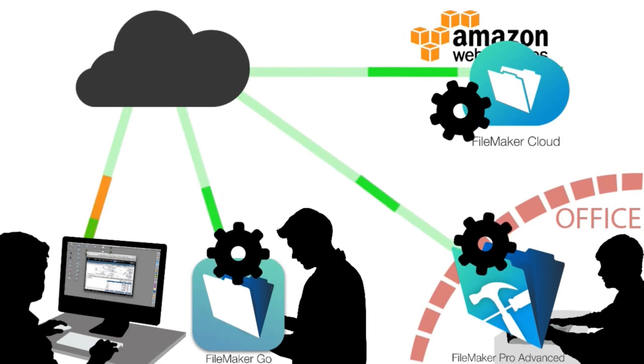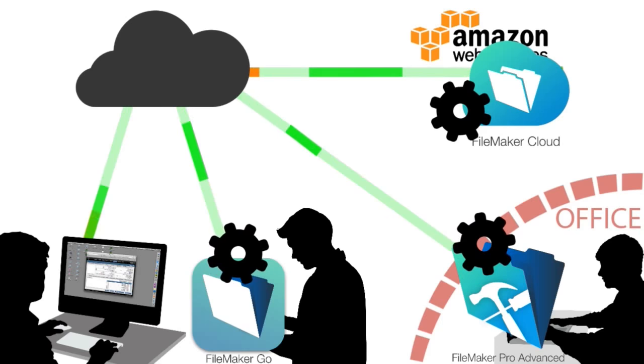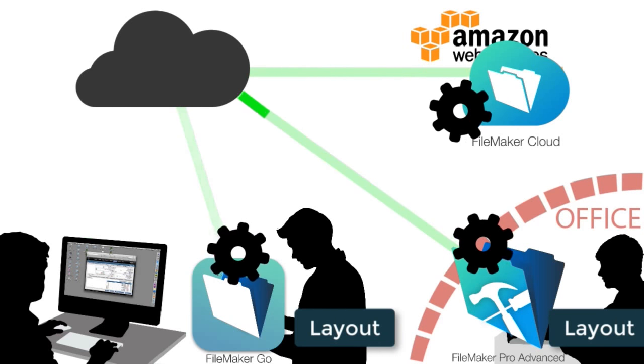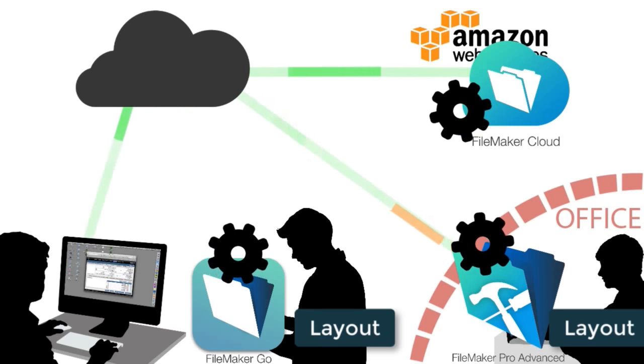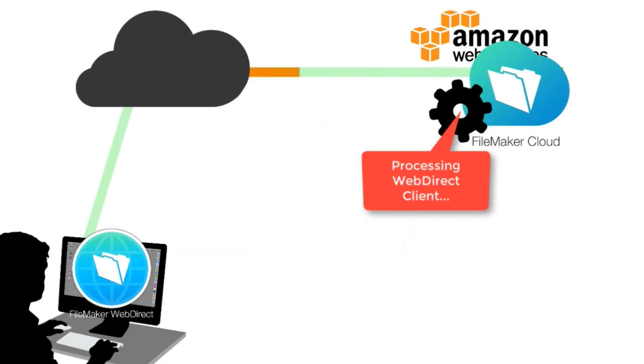With WebDirect, 100% of them are handled at the server level. So Go and Pro actually help share the load and help take the load off the FileMaker server. With WebDirect, all the load goes onto the server because a browser really can't do much in the way of processing a serious custom application.